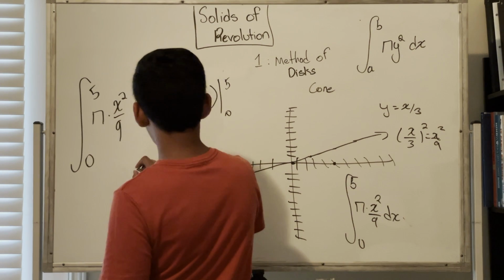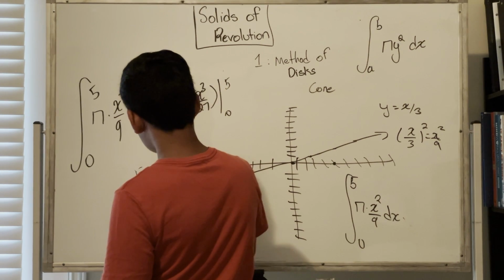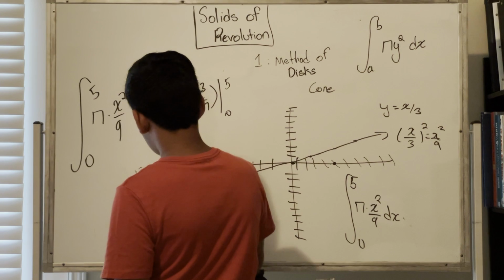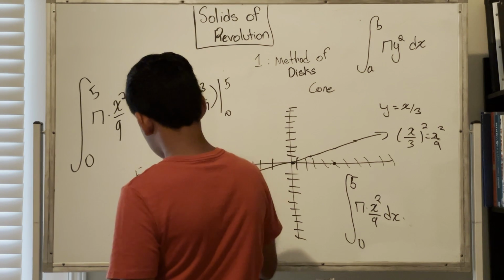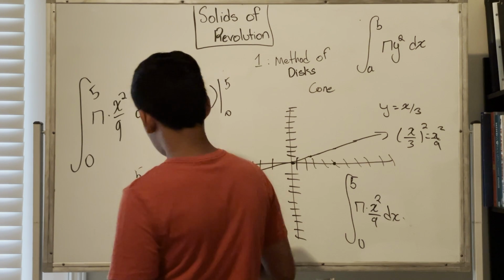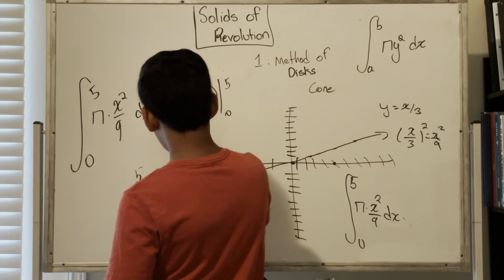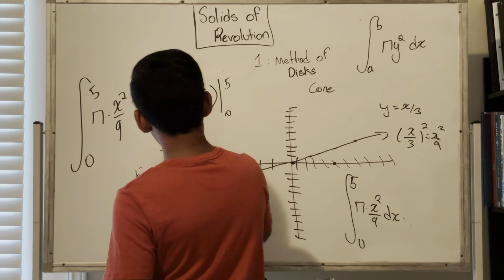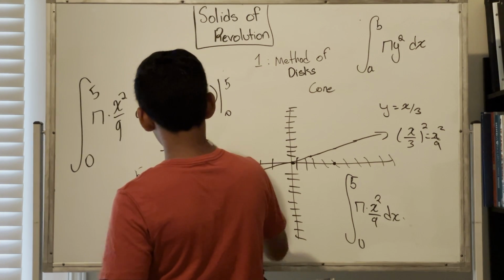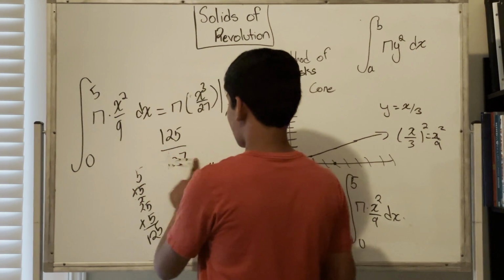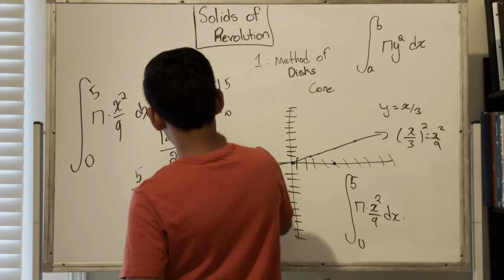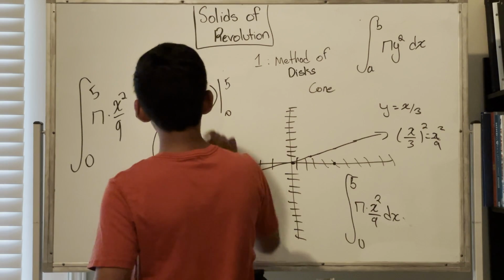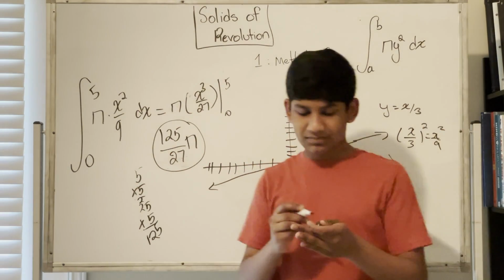Obviously, we're just going to have 5 cubed. 5 times 5 is 25. 25 times 5 is going to be 125. And therefore, we're just going to get 125 over 27 pi. So this is going to be our answer.